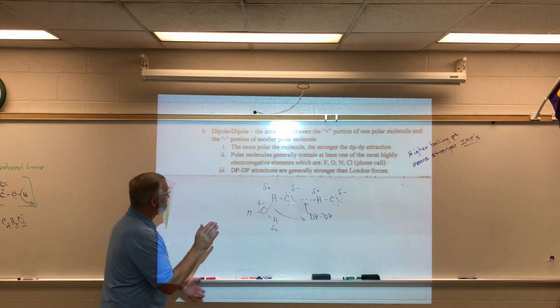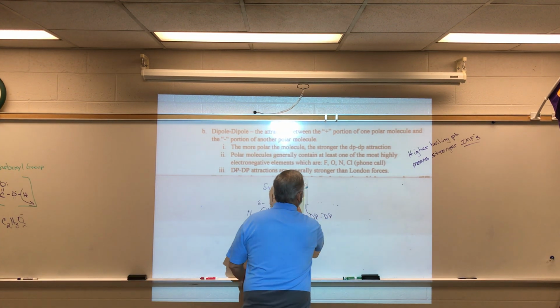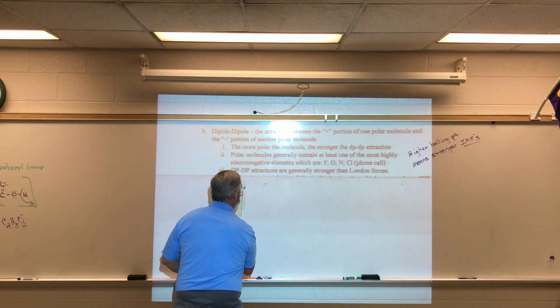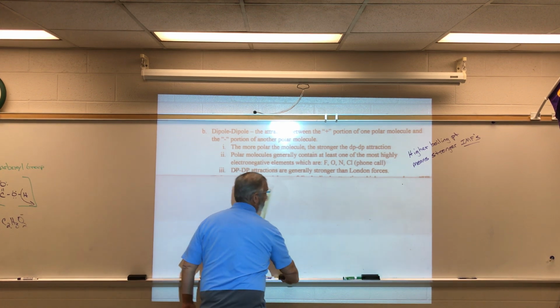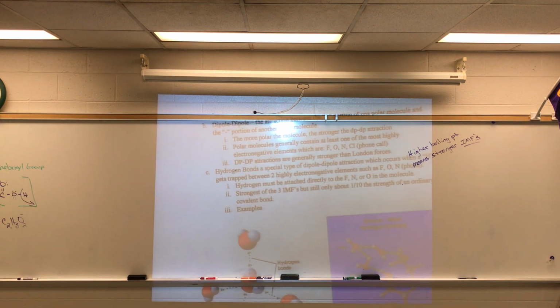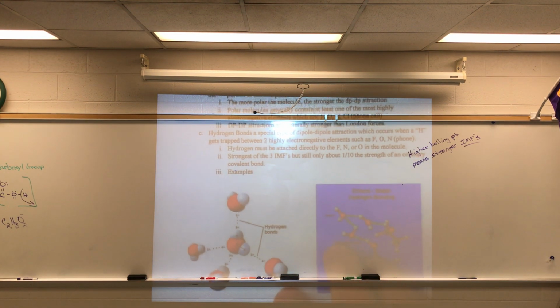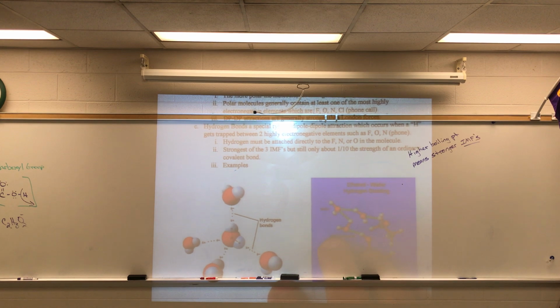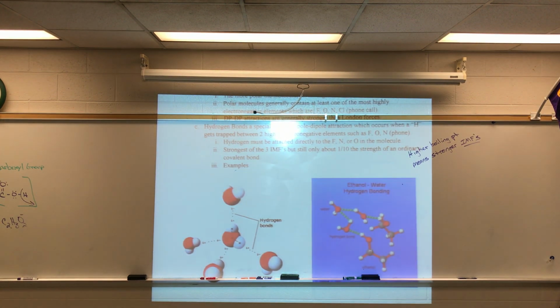All right, uno más. When in doubt, the answer is hydrogen bonds. Why is one stronger than the other? Always look for hydrogen bonds. Okay? So we'll start with this. It's a special type of dipole-dipole attraction.